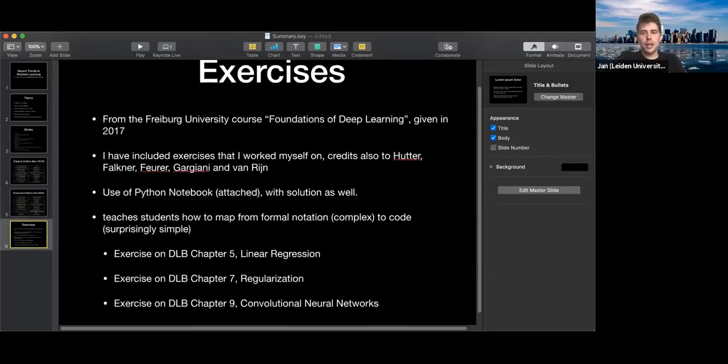When we gave the seminar in Freiburg, basically all the exercises were based on MNIST. I think our reasoning at that moment was that the course was already hard enough, both for us, because it took us a lot of time to truly understand the book on such a level that we could be a little bit ahead of the students, and also for the students, because this was a completely new topic.